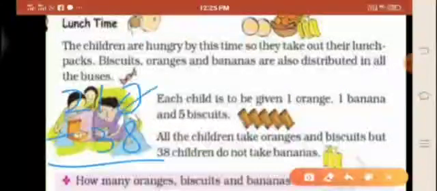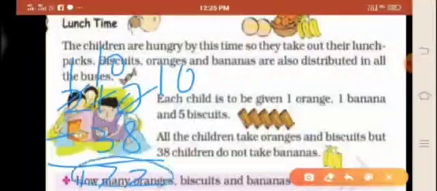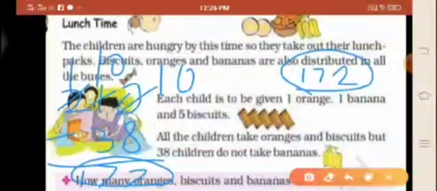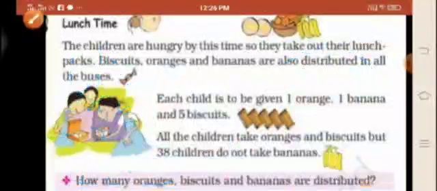So here we will take the borrow for minus. 10 minus 8 is 2 and 10 minus 3 is 7. So 172 bananas are distributed among them. Is it clear? Not 210, because 38 children are not taking the bananas. Is it clear?